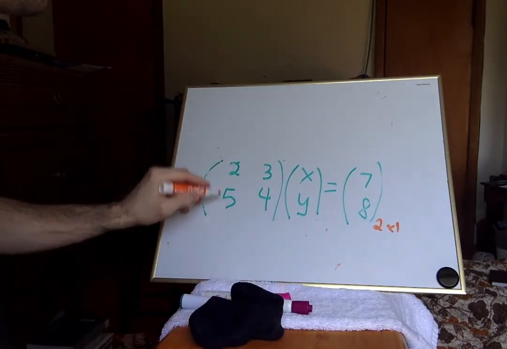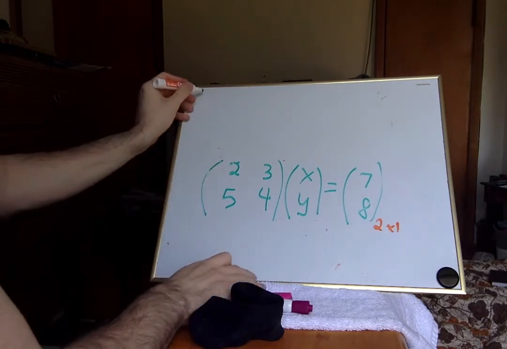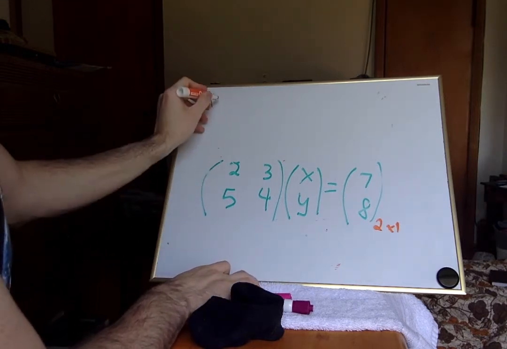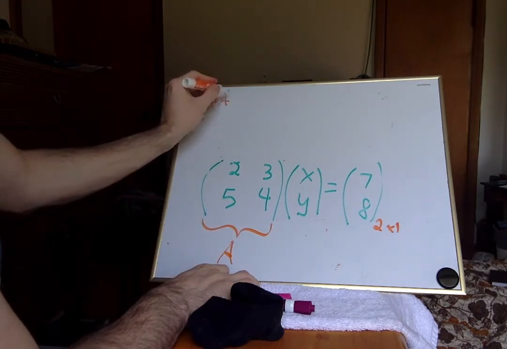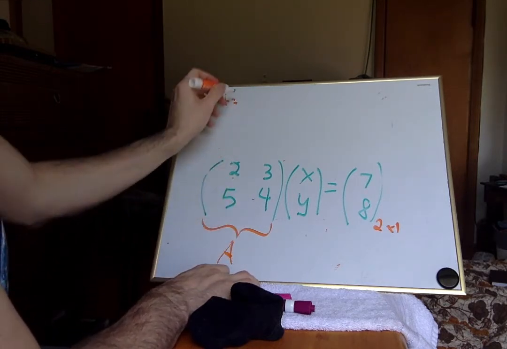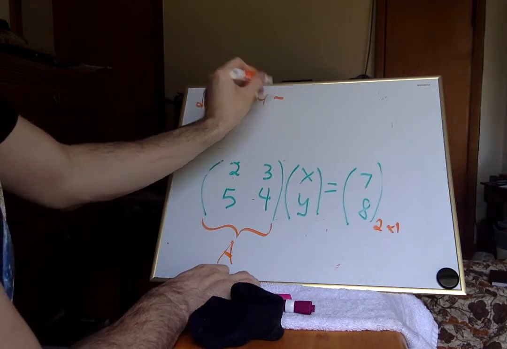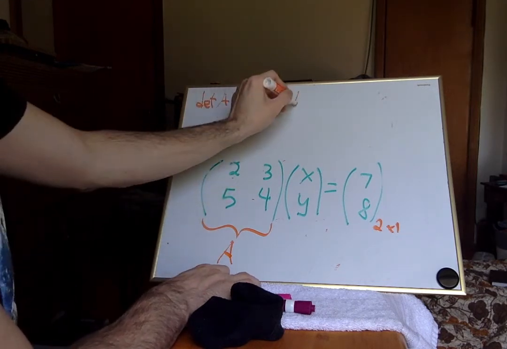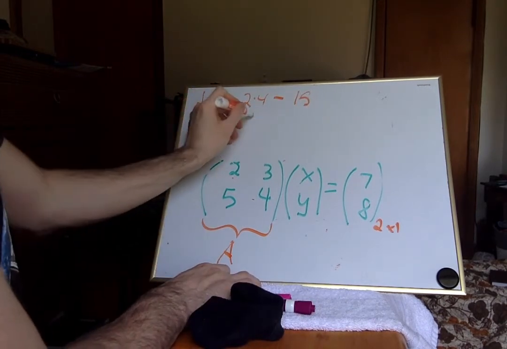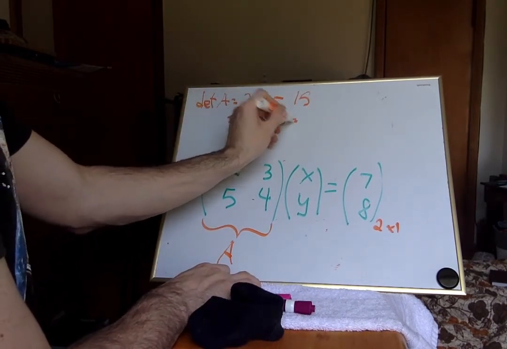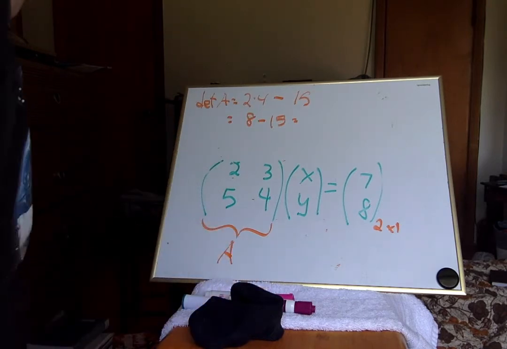Well, to do that, I have to find the determinant of this matrix. I'll call this A. So what's the determinant of A? Well, it's 2 times 4 minus 3 times 5, which is 15. So this is 8 minus 15, which is what?